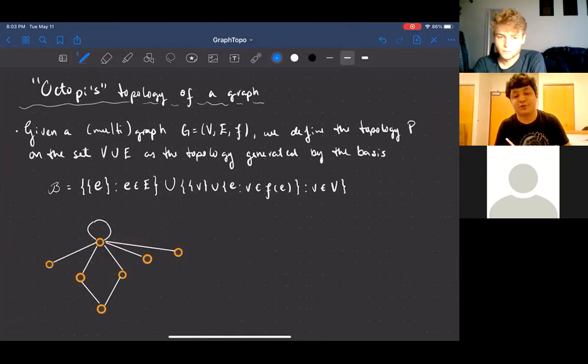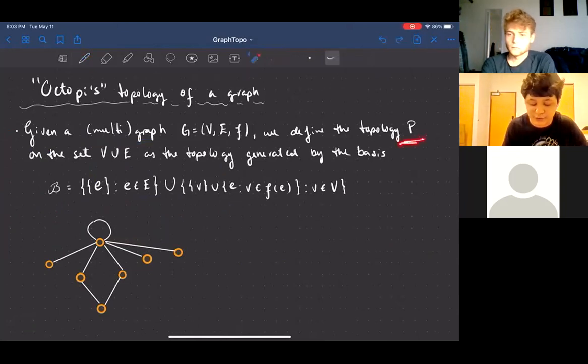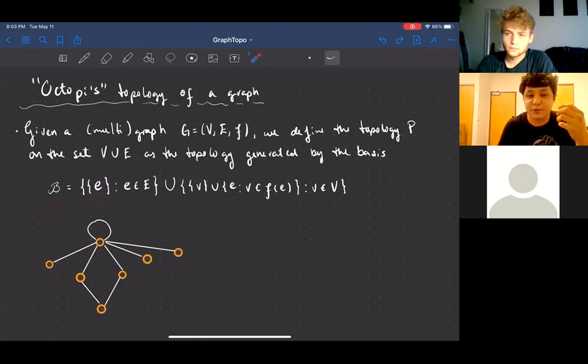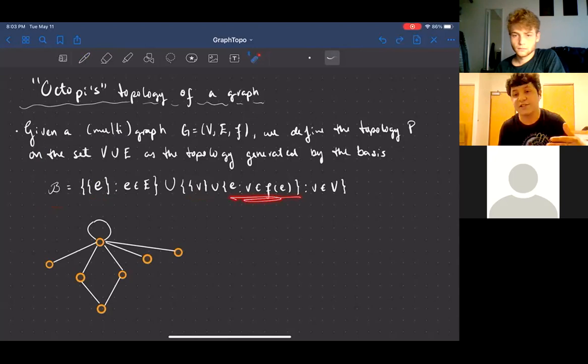Then we have another solution, which an author called the octopus topology, and we'll see why. Again, given a multigraph, we define the topology P on the union of the set of vertices and the set of edges. This topology is generated by the basis formed by the edges as basic open sets, and the vertices together with the edges that end in that vertex.